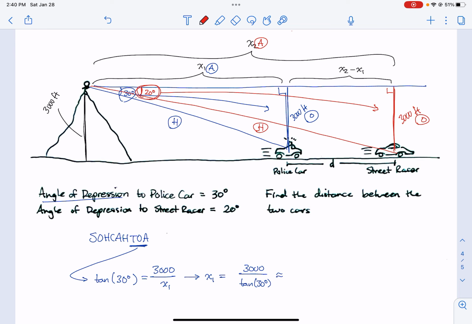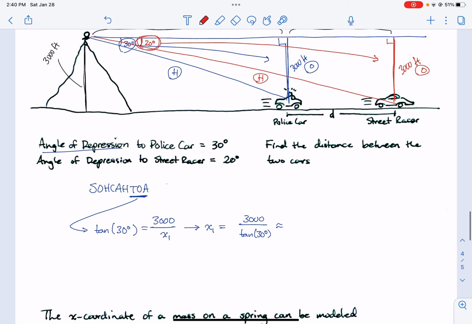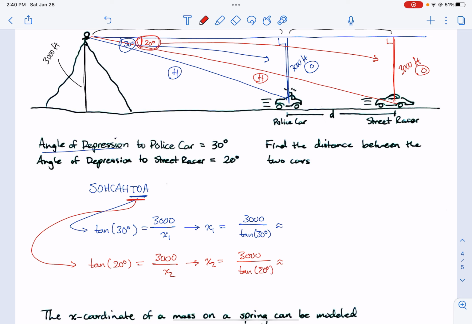So I want an equation that uses my opposite and my adjacent. That's going to be TOA again. So tangent of 20 degrees equals 3,000 over x2, and x2 is 3,000 divided by tangent of 20 degrees. They're very similar calculations.